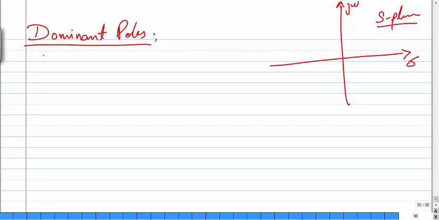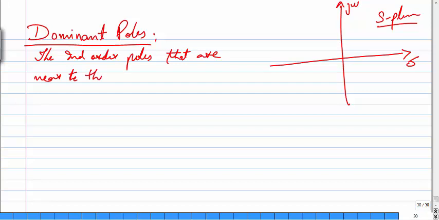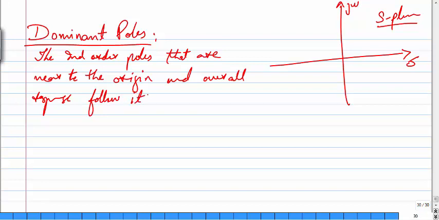Dominant poles are the second order poles that are near to the origin, and the overall response follows them due to slow convergence.